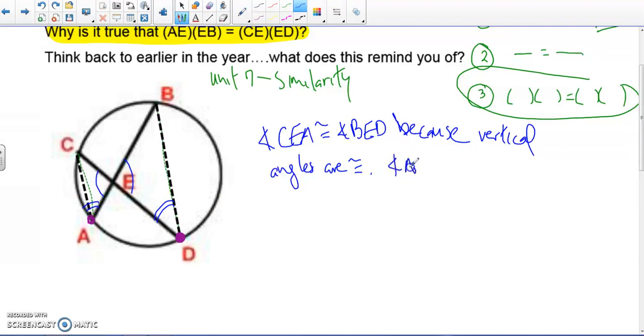I can say angle A is congruent to angle D because, and this is where we have to just put this into our own words, we don't have a special rule for this.